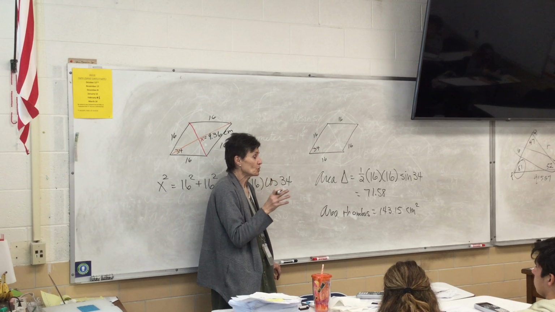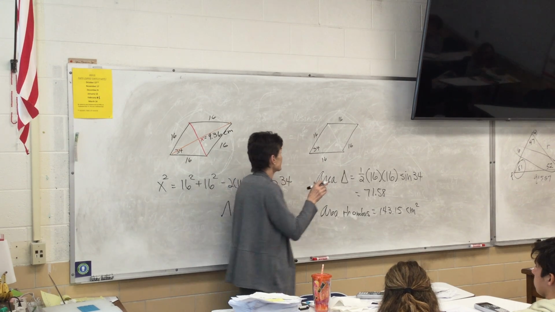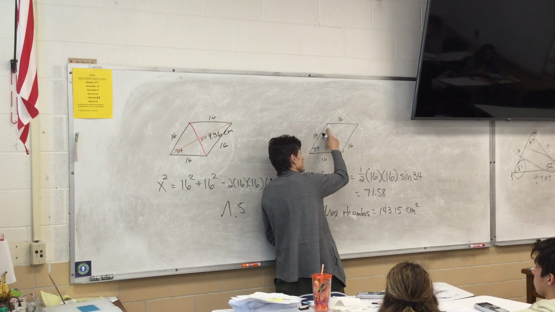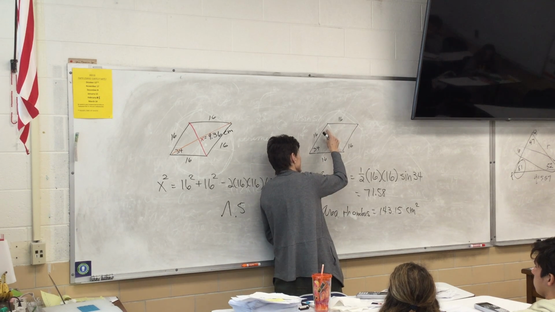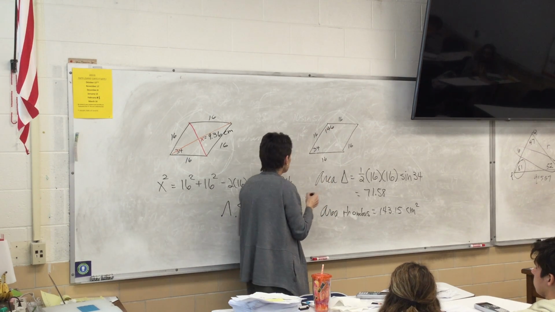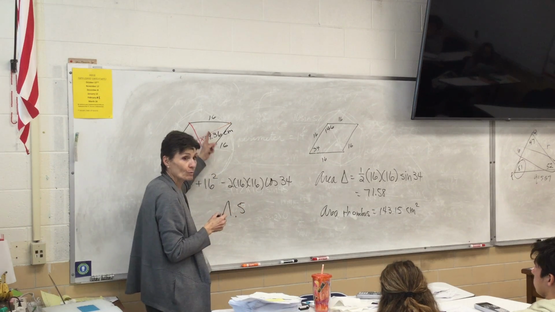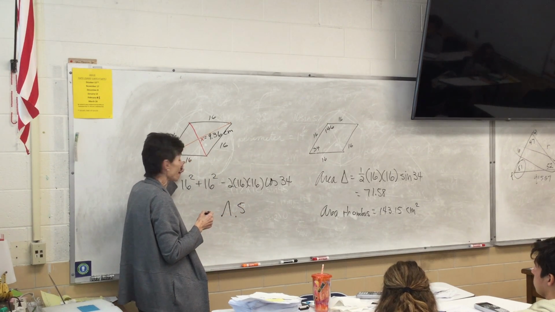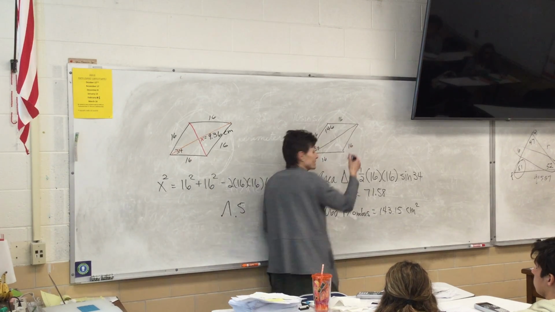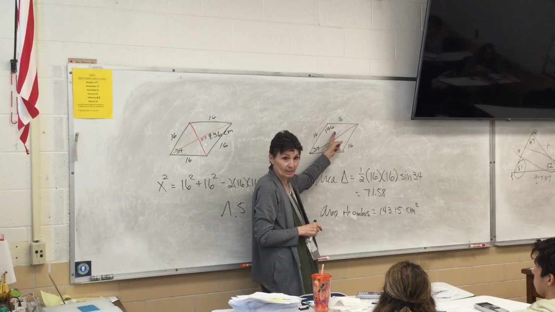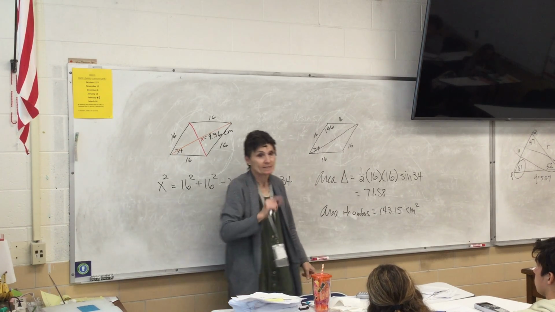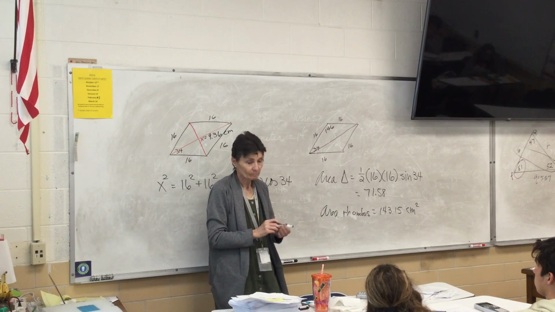So, one option you have is always, if this is 34, this one is 180 minus 34, which is 146. So if I draw in the short diagonal, its angle is 34. If I draw in the long diagonal, its angle is 146. The bigger the angle, the bigger the segment. Okay?